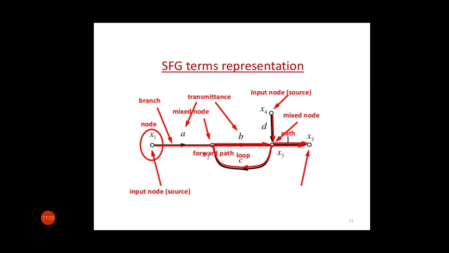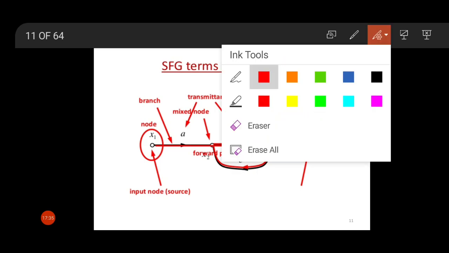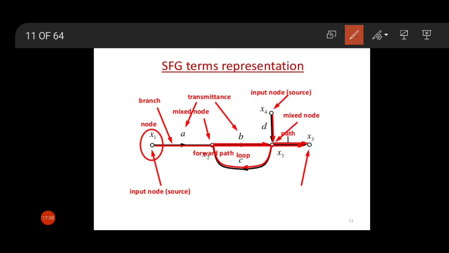See here, this is our input node. Input node is sometimes called a source. This is our output node. An input node has only outgoing branches, and an output node has only incoming branches.